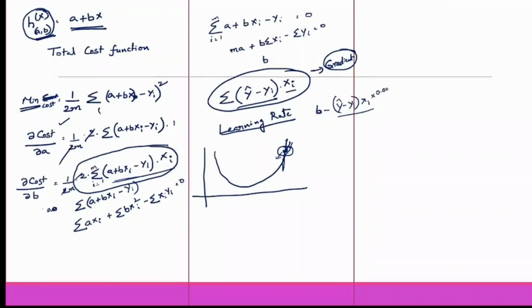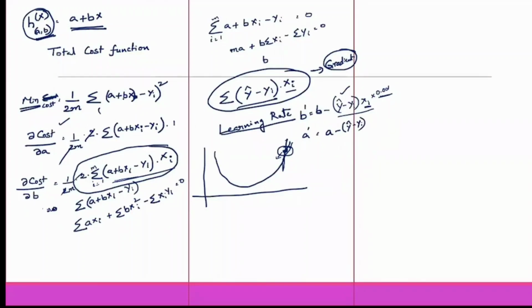This is my error. This is my value of x. This is what I call a learning rate. So based on that, I will compute a new value of b. Call it b dash. Similarly, I can compute the new value of a. For the existing value of a, the slope is simply y hat minus yi, because it does not have a multiplication.